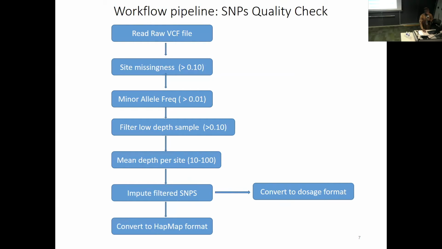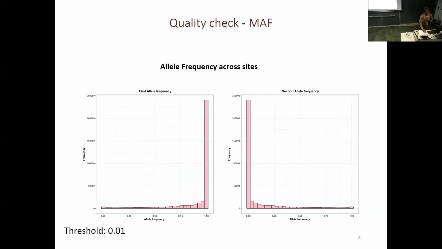After filtering, we have to impute this clean data using Beagle. I also use PLINK to convert it to dosage format, and there is a need to have the MAP format so that we can use that to get the genetic distance. So this is the detail of how we went about cleaning the data.